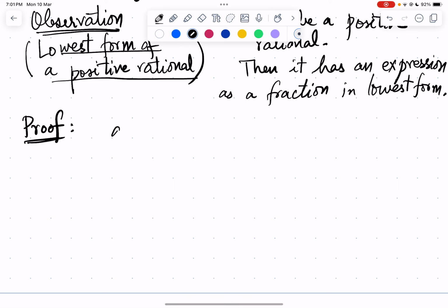So here is the proof. A is m by n, where m, n are positive integers.